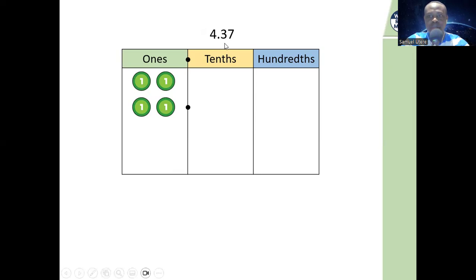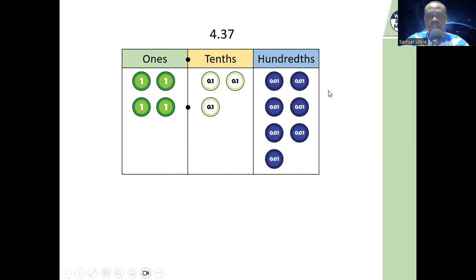A tenth is 0.1. So if we have 3 tenths, that would be 3 counters where each one is worth 0.1. And then here we'll have 7 counters where each counter is 1 hundredth. So we'll have 7 hundredths, which is 7 counters.